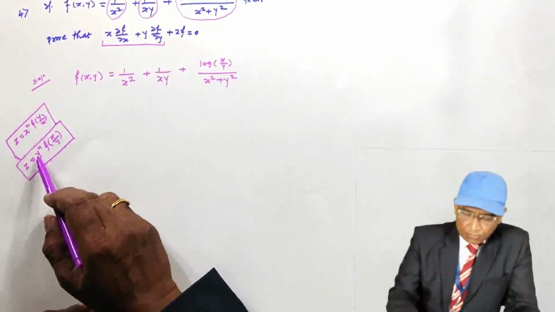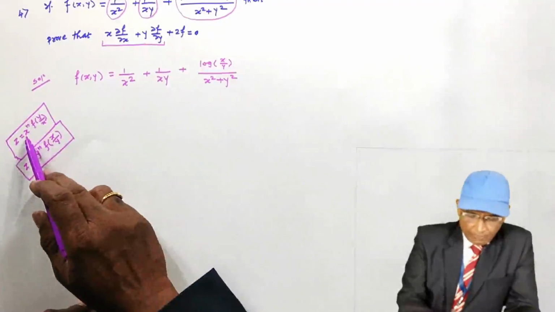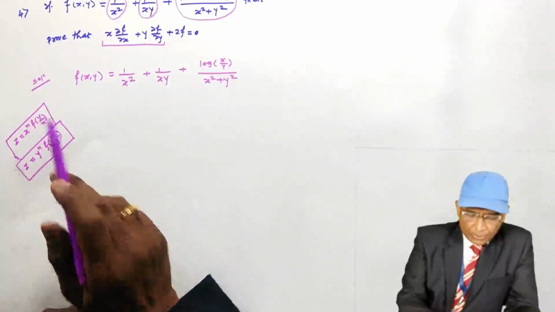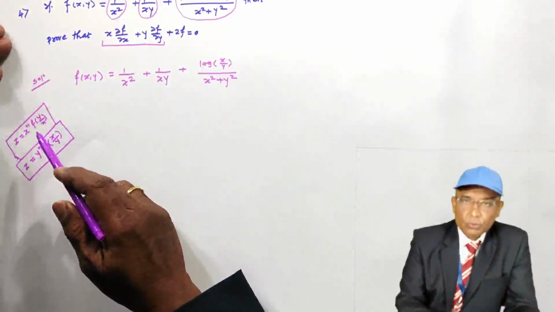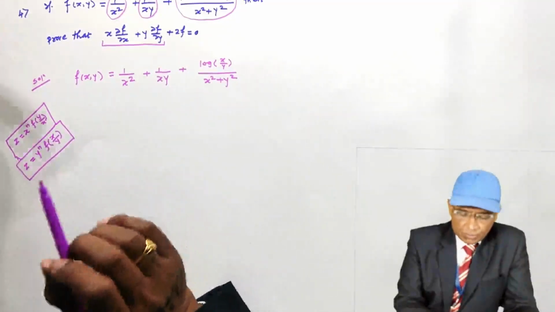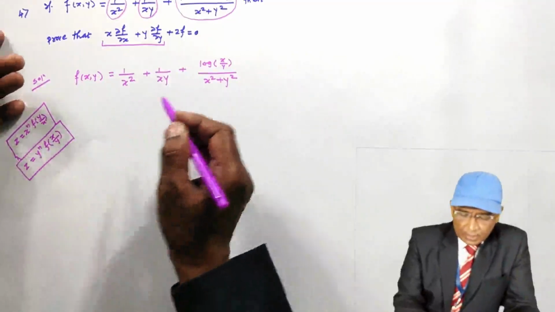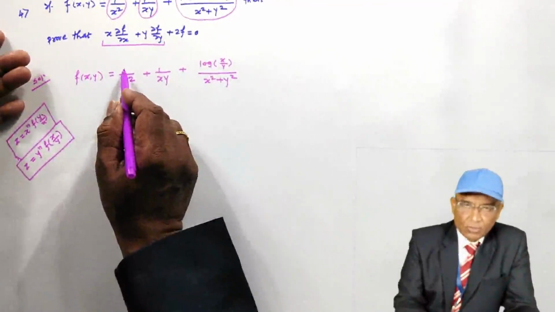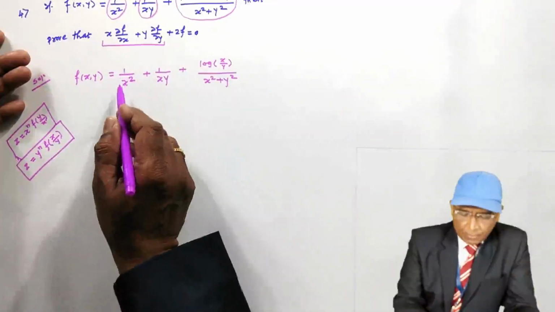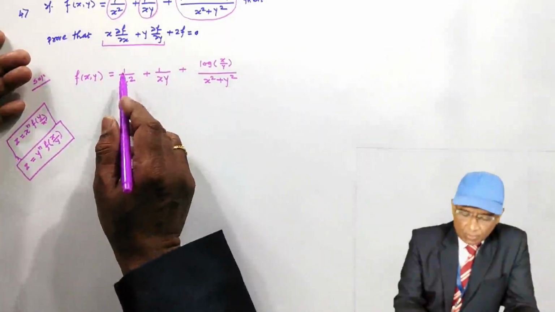Here in this problem, the degree is the same. See, the degree of the numerator is 0, the degree of the denominator is 2. The degree of the numerator minus the degree of the denominator means minus 2. The degree of the numerator is 0 because 1 is a free constant, and the degree of a free constant is 0. Minus the degree of the denominator, which is 2.